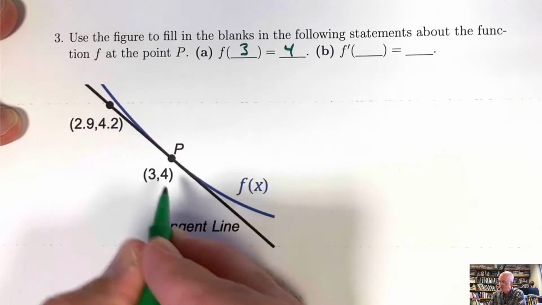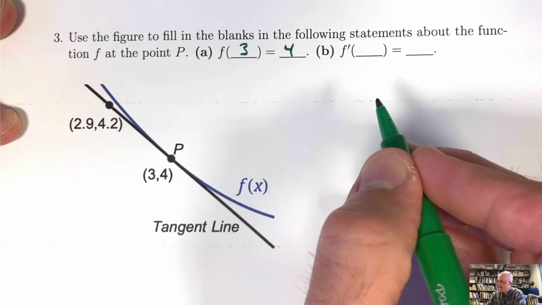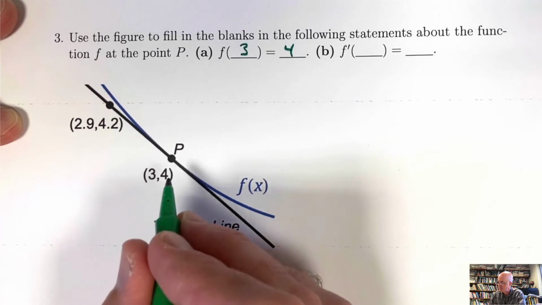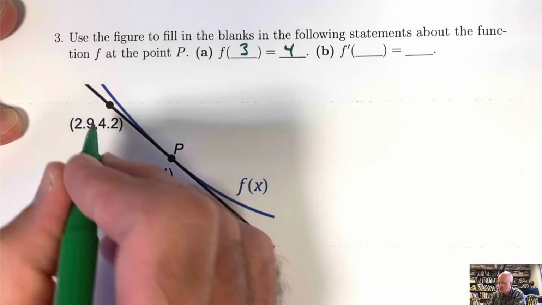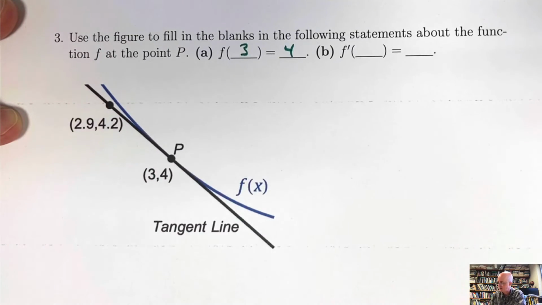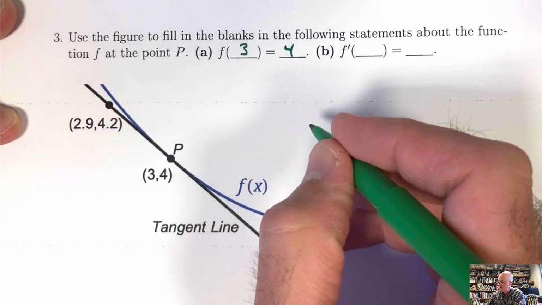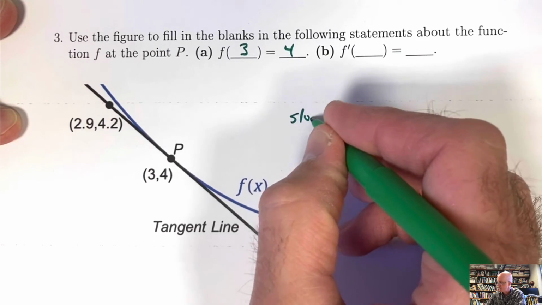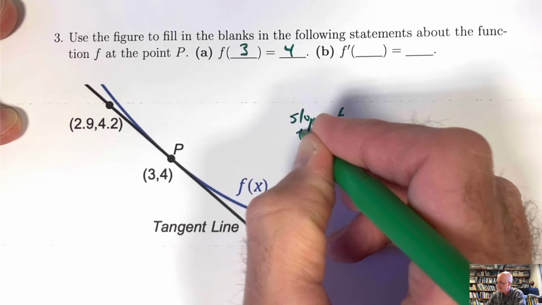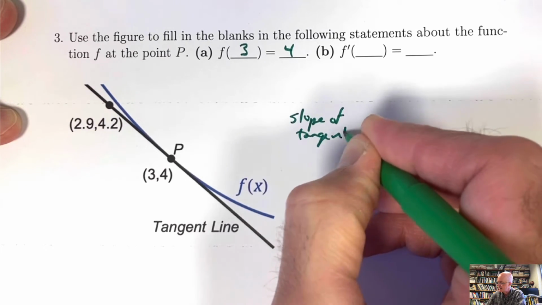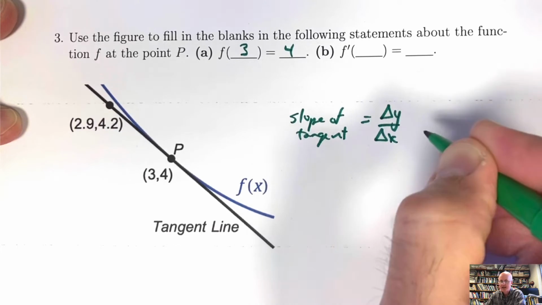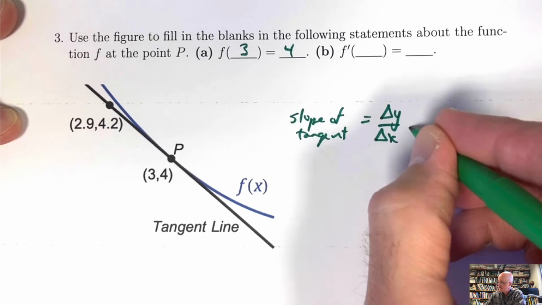We do need both points, though, for the second one, for the statement about the derivative. We know the derivative gives us the slope of the tangent line at this point. The tangent line is specified, and 2 points on the tangent line are specified as well. We can figure out the slope of the tangent, and that will tell us what to fill in here. Slope of the tangent is, you could write it as change in y divided by change in x along the tangent line.